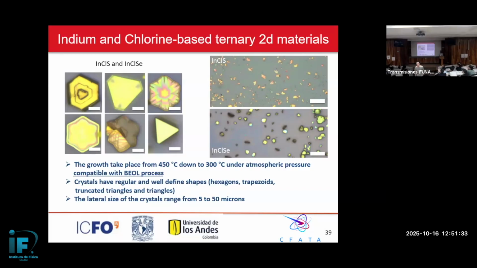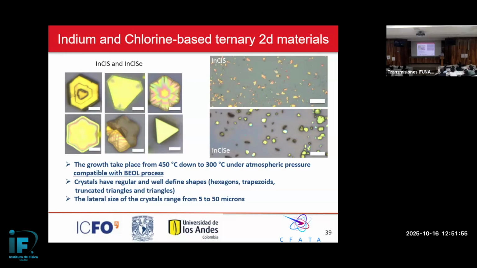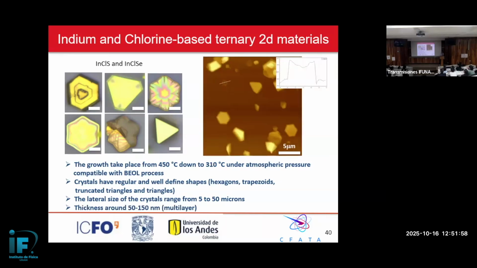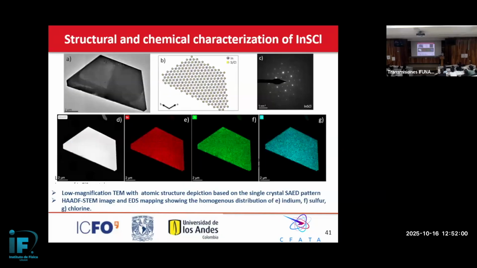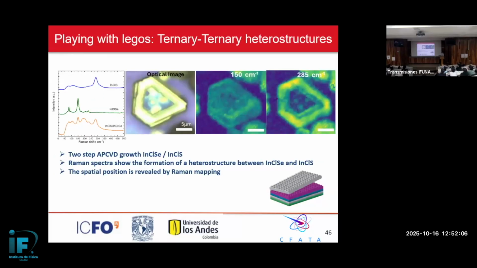Thank you for your talk. I was wondering if the heterostructure that you just constructed is still compatible with the industrial process, because you're using a TMD and the ternary? Yes. So I don't know. Maybe that is a very good question. The way we do it, this is fully compatible, because both of them are grown at 300 degrees.